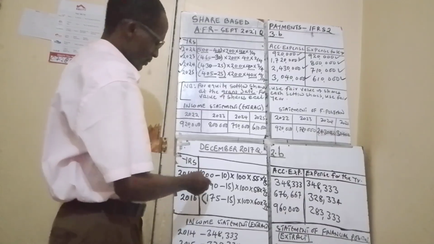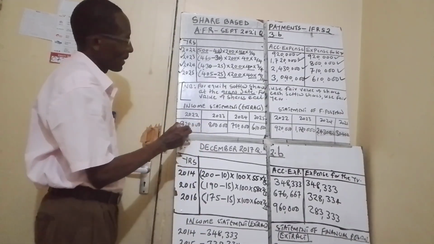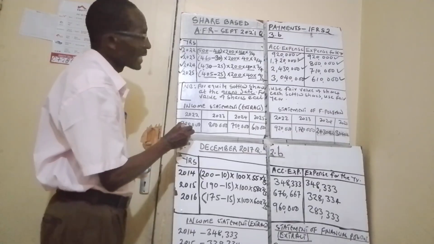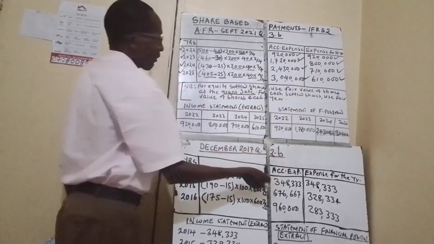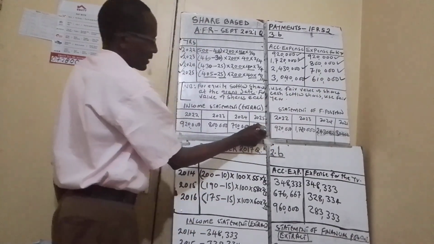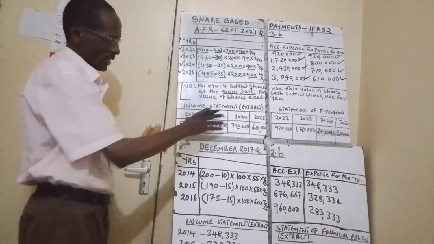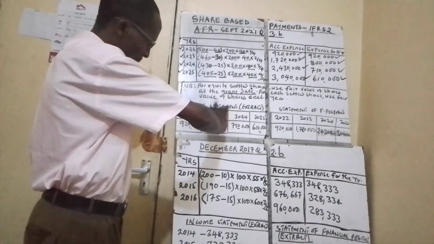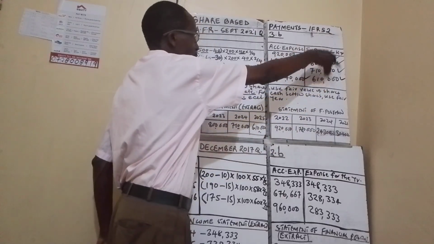Year 1, 920,000. Year 2, 800,000. Year 3, 710,000. Year 4, 610,000. So the figures that would appear in the income statement extract are these figures as you see them there.